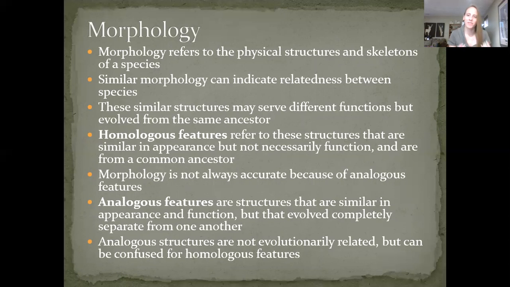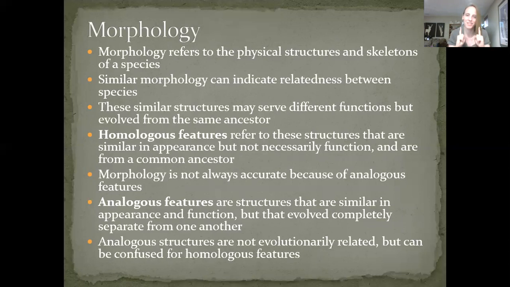Morphology refers to the physical structures and skeletons of a species, and similar morphology can indicate relatedness, but it can also be deceiving. So homologous features refer to structures that are similar in appearance, might not necessarily function the same way, but they do come from a common ancestor.